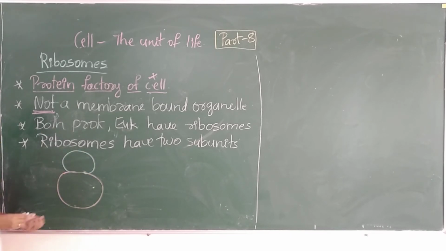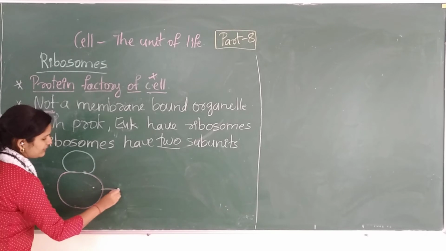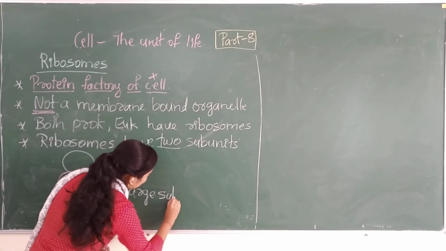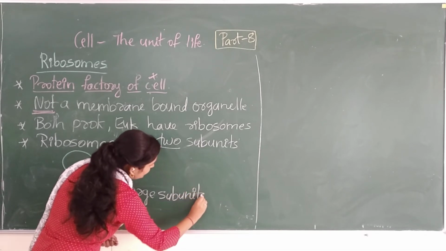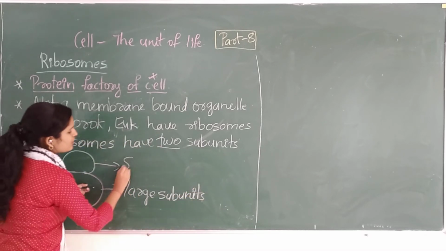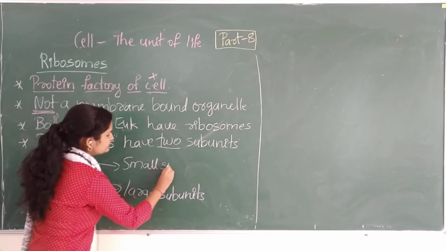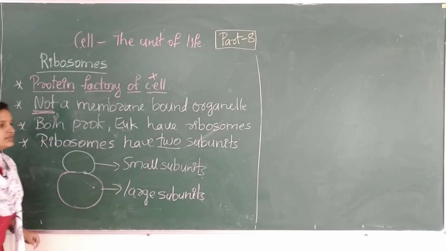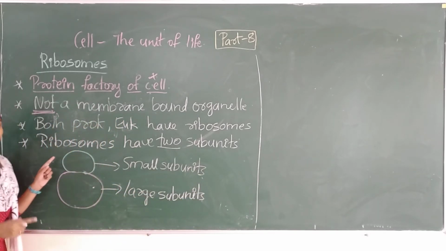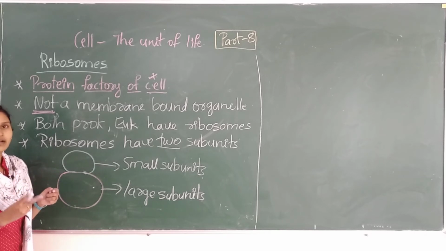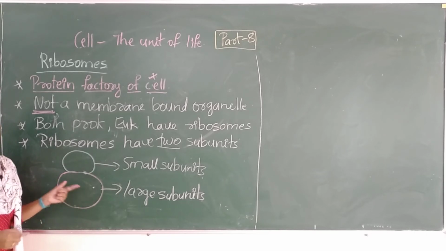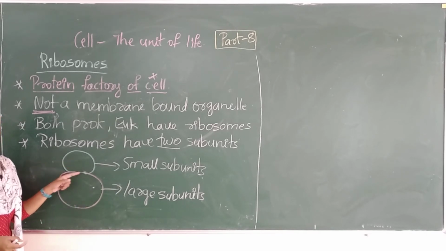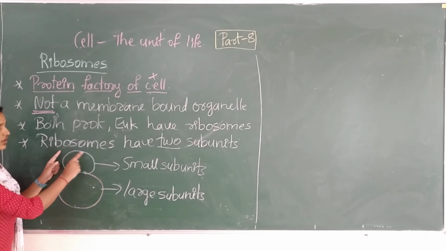This one will be the large subunit and this will be the small subunit. Remember, ribosomes have two subunits. The first one is the large part, which we call the large subunit, and the smaller part, which we call the small subunit.